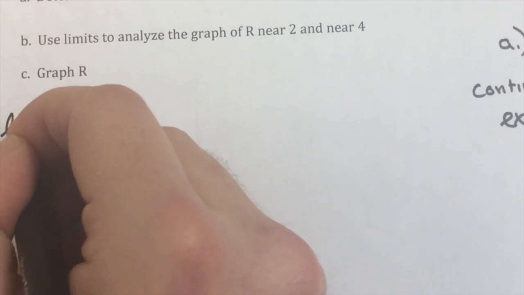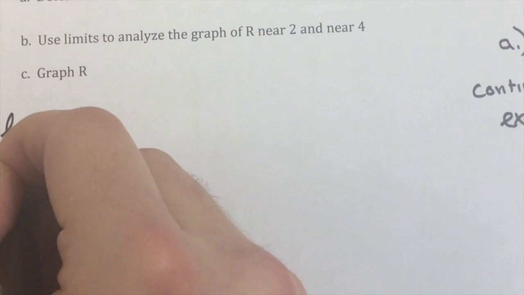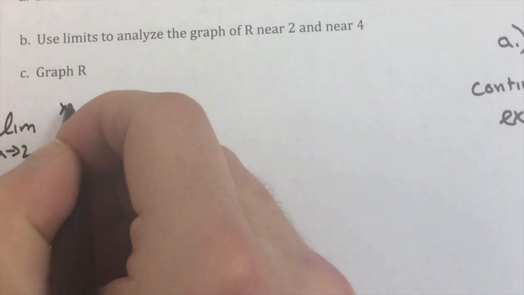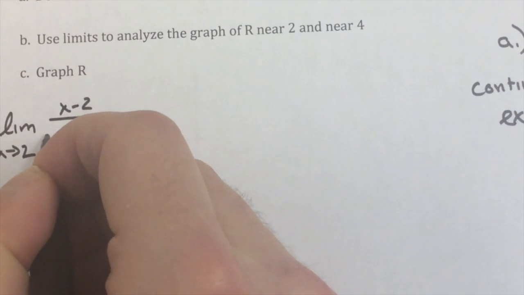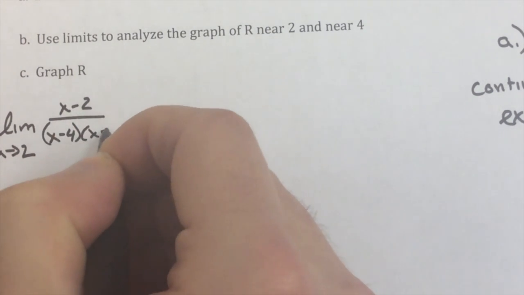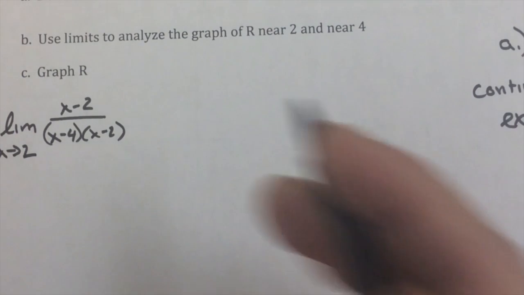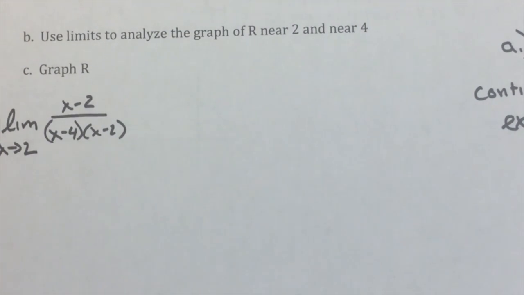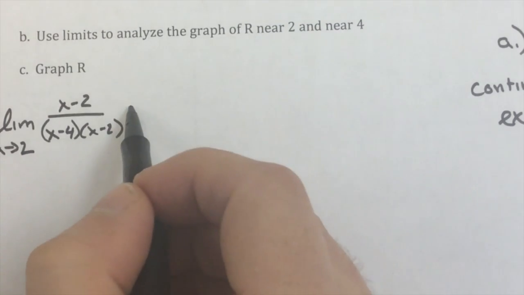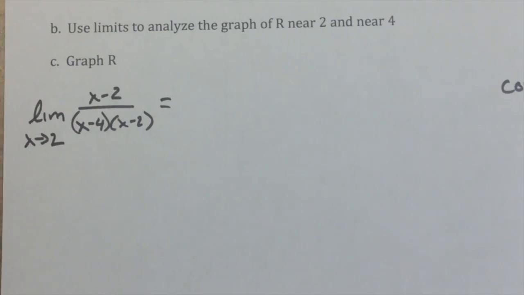So we're first going to say, what is the limit as x approaches 2 of my function? I'm going to write it out in factored form: x minus 4, x minus 2. Now here, if I plug in 2 right away, I get 0 over 0. So I'm going to simplify this function.